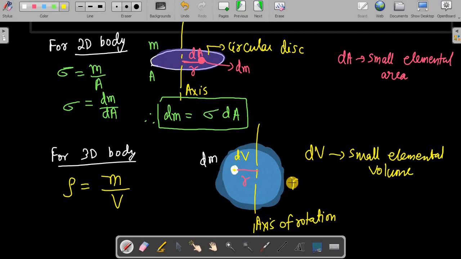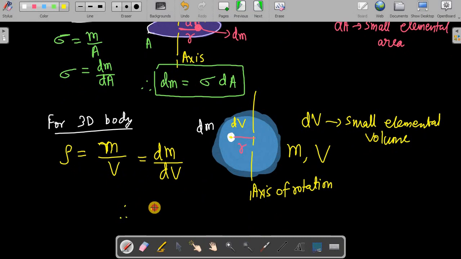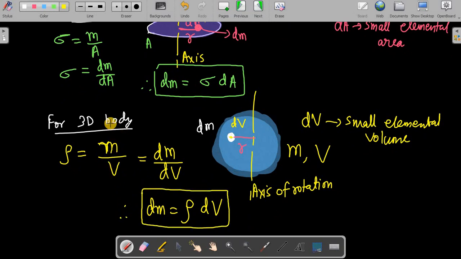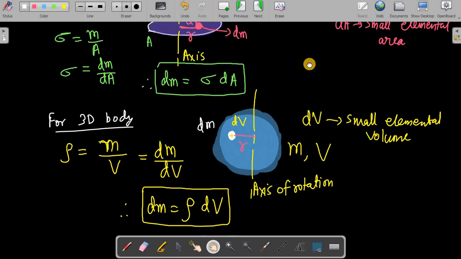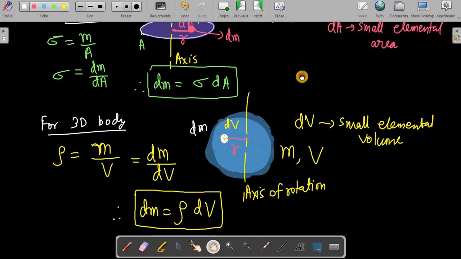Okay, suppose the total mass of this object is M, total volume is V, so mass by volume, that is what is density. And if it is uniform, we can also write this as dm by dV. So that's why the small mass of the element will be rho into dV.